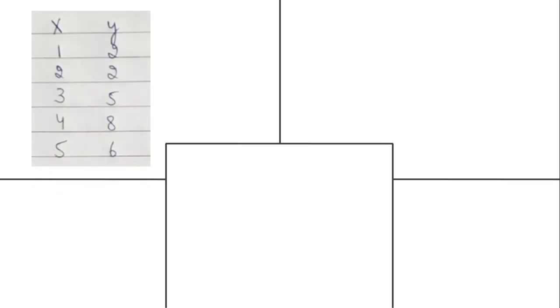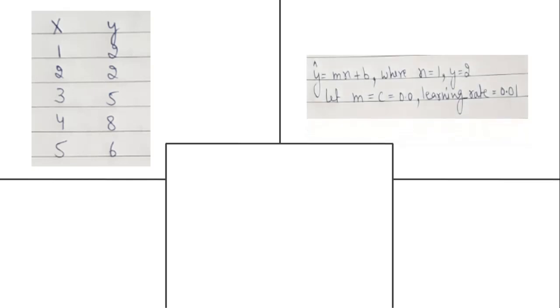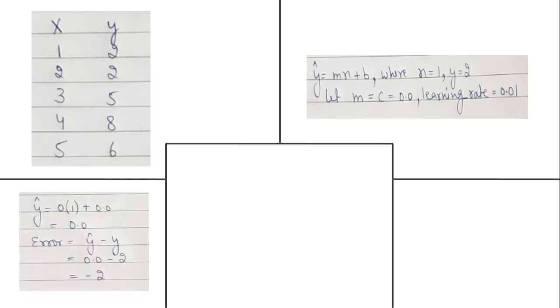So guys, here we have a data set on which we have to find y is equal to mx plus b. If you can see the table, we have x is equal to 1 and y is equal to 2 for row 1. Let's assume the value of m and b as 0.0 and learning rate as 0.01 for as of now. Let's substitute these values to equation y hat is equal to mx plus b. So we are getting y hat as 0.0.